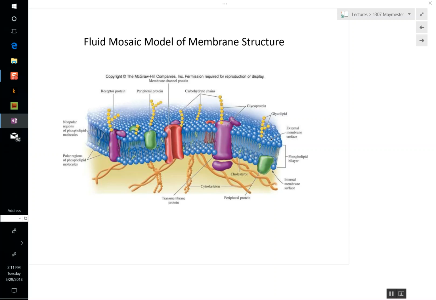Something like that is a sodium-potassium channel. Something like that is a calcium-magnesium channel. Allows calcium-magnesium ions in and out of it. Different ways in which certain things can pass in and out of the cell, that living cell.